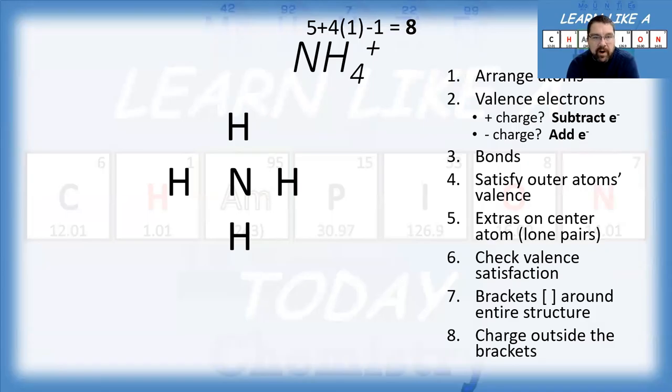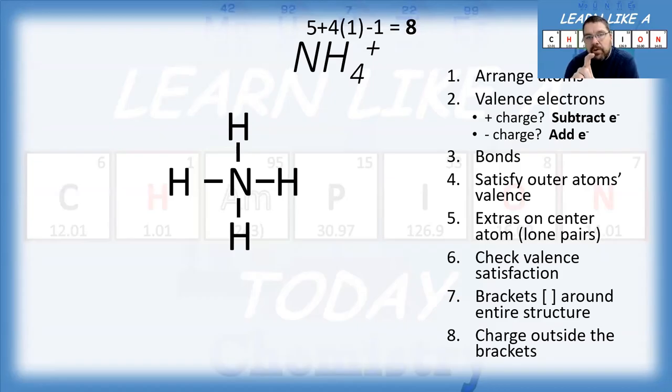And so when we distribute our 8 electrons, the first place we go is bonds, and we form 4 bonds. So right there, we've used up the 8, and there's no extras to put on the central atom as lone pairs. Checking valence satisfaction, everything's good, because remember, hydrogen only needs 2, so they're all satisfied, and nitrogen also has 8.